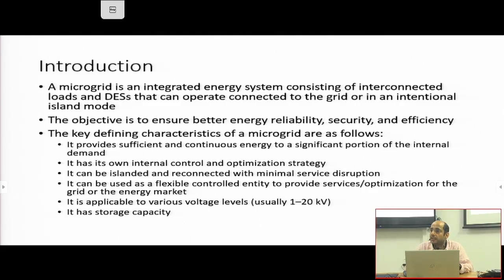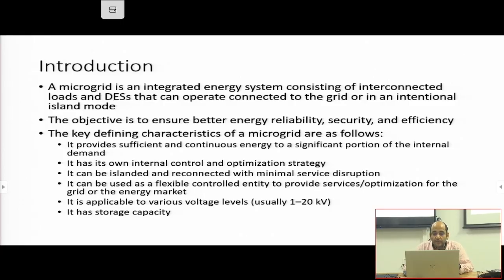A microgrid is developed with the objective to provide sufficient and continuous energy to a significant portion of the internal, or local, demand. It has its own internal control and optimization strategy, which is very important. In today's two lectures, we will discuss a lot about the control strategies that are used for microgrids.